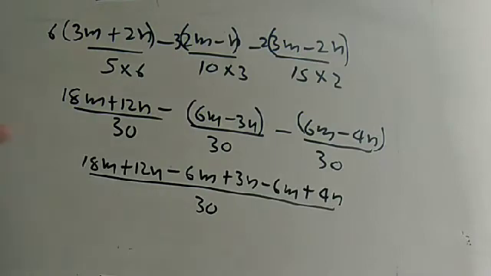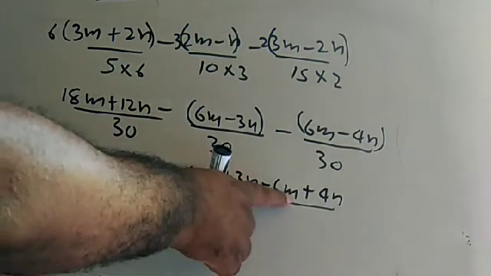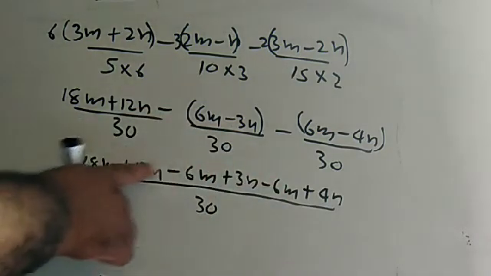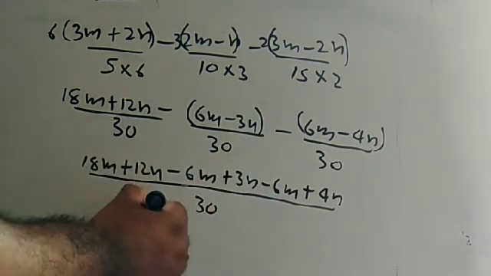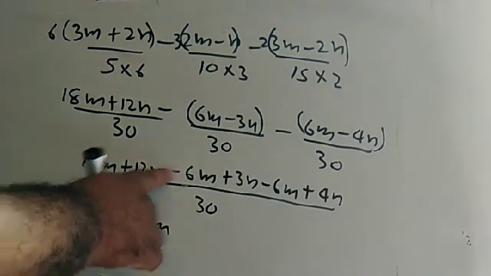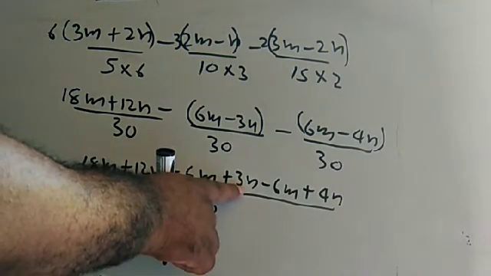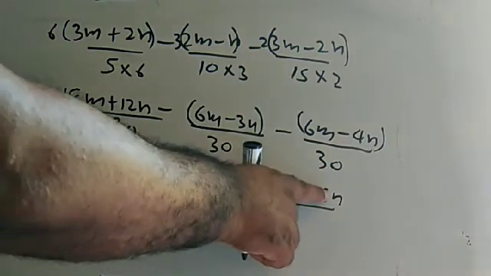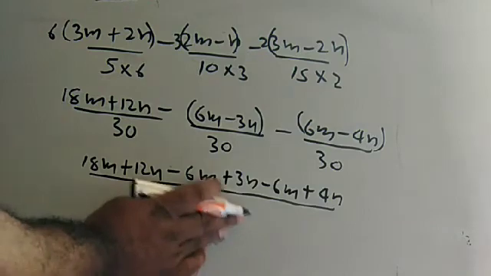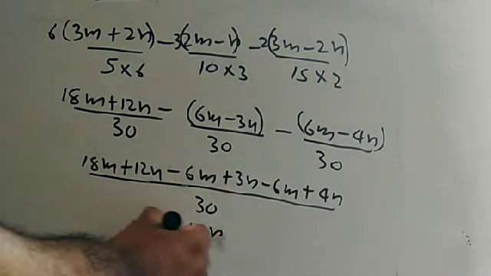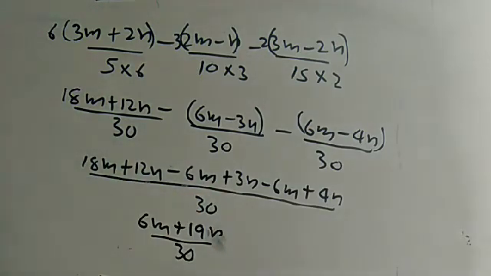Here 18m, minus 6m, minus 6m are like terms. 18 minus 6, 12m. 12m minus 6m, 6m. 12n plus 3n, 15n. 15n plus 4n, 19n. So 6m plus 19n upon 30. This is the final answer.